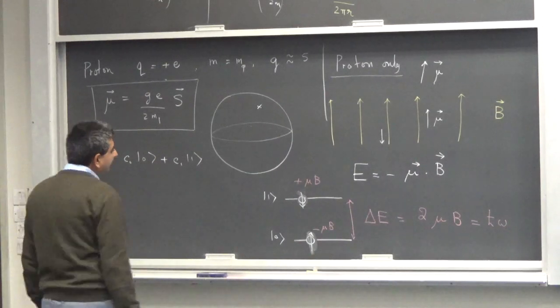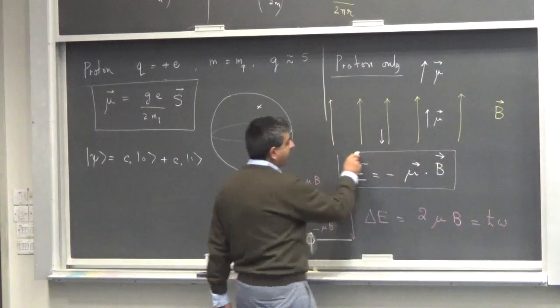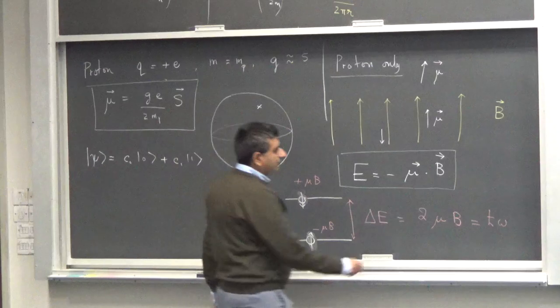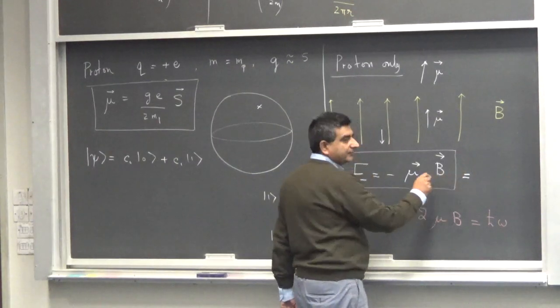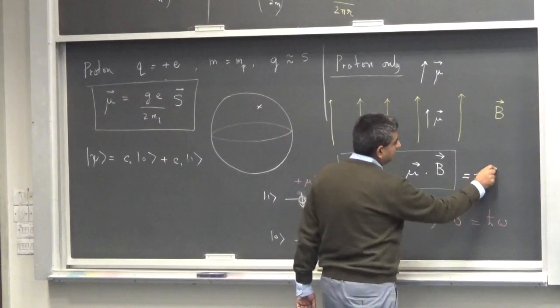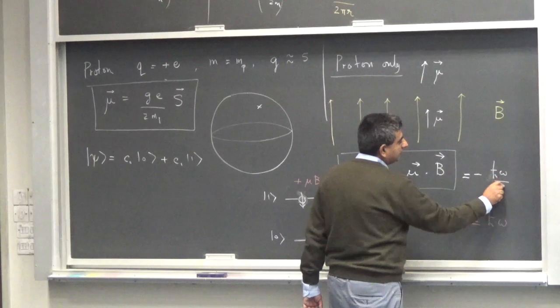Now when we have this form of energy, you can also write this as minus h bar omega over 2.